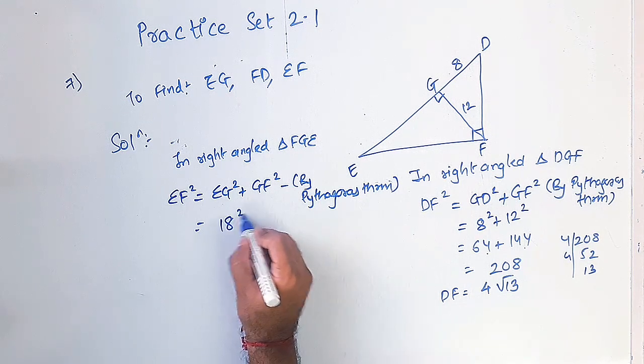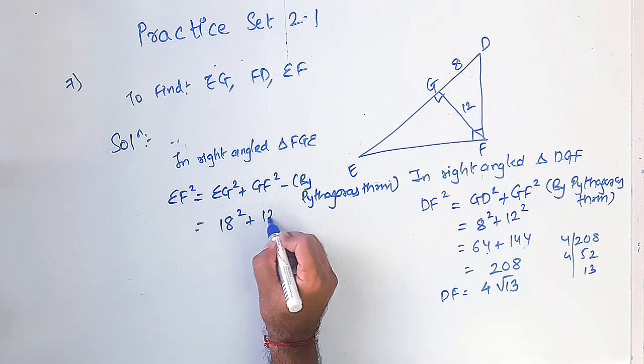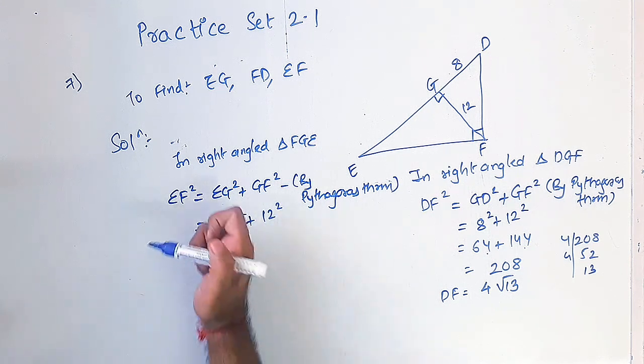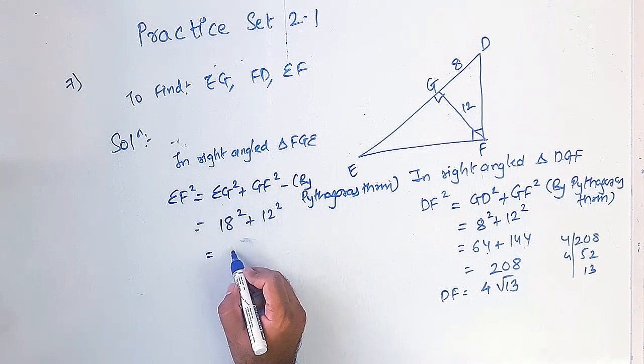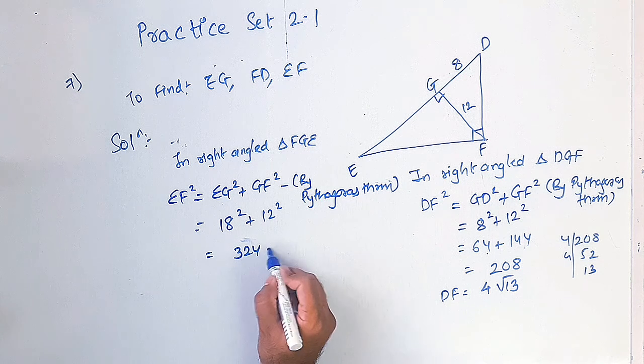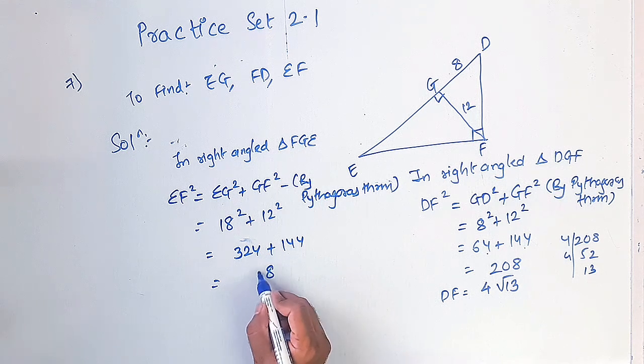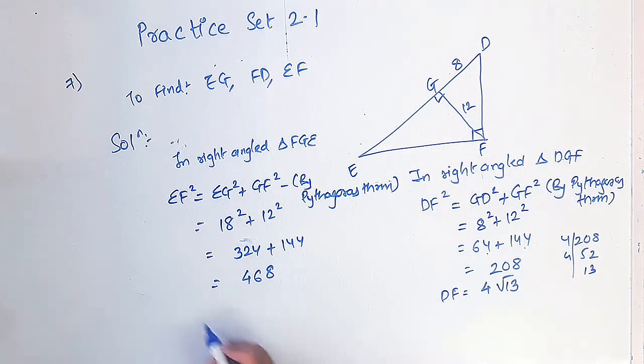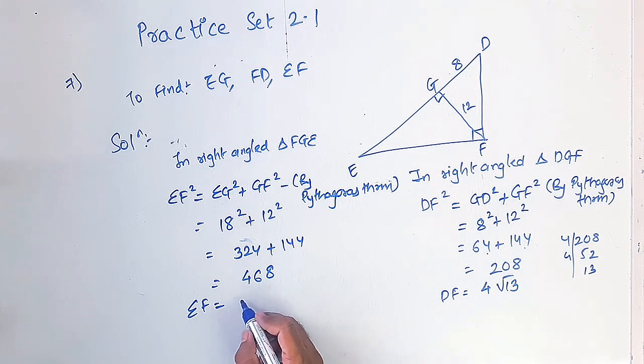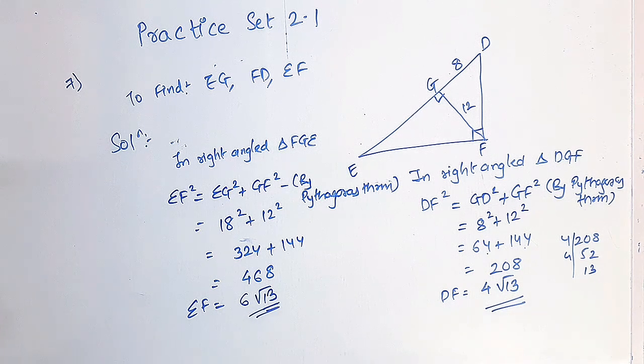We got it 18, and GF it is given 12. 18 square is how much? I think 324. Yes, 324 plus 12 square is 144. So you got 468. To convert this into a simple surd, pure surd, you will get 6 root 13. So you got EG as 18, DF as 4 root 13 and EF as 6 root 13.